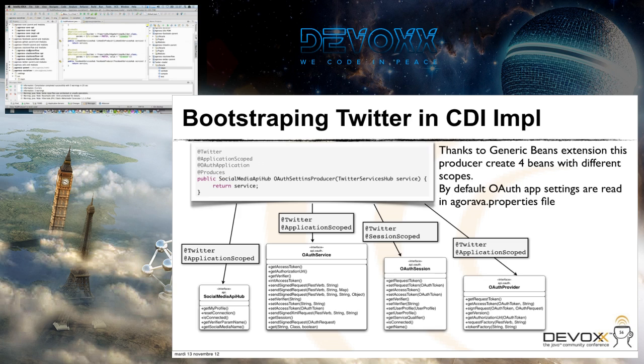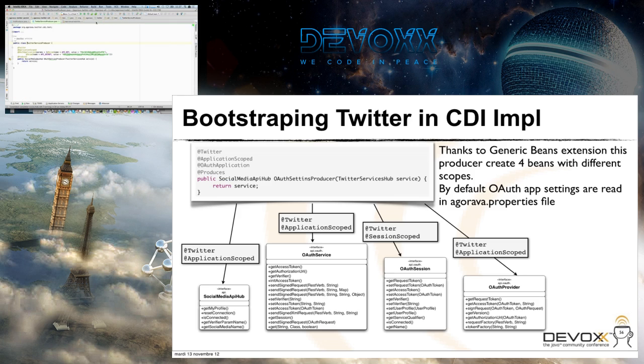If we look at another example of configuration, for instance in the Twitter module, in a test, yes, here we have another example of this bootstrapping. In the @OAuthApplication, we don't use the property file builder for the configuration.